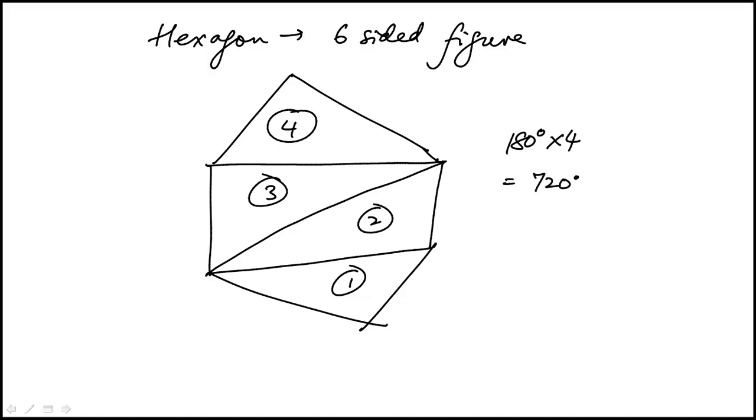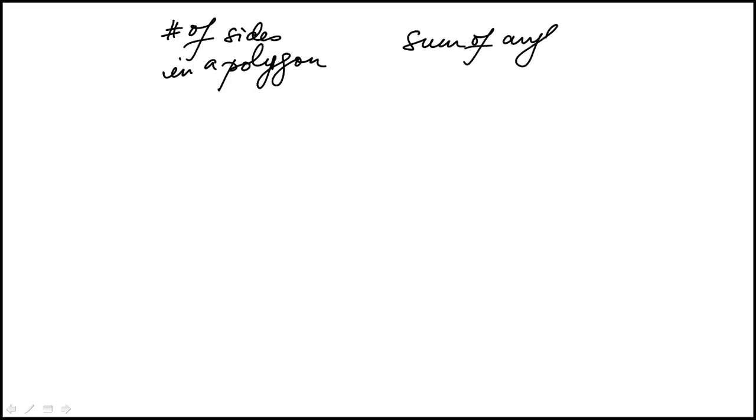So here I'm sort of showing you what the pattern is as the number of sides increase. How does the number of angles change? So if you look at the pattern, number of sides in a polygon, and polygon refers to just any figure with many sides, and sum of angles. If there are 3, which is a triangle, the sum is 1 times 180.